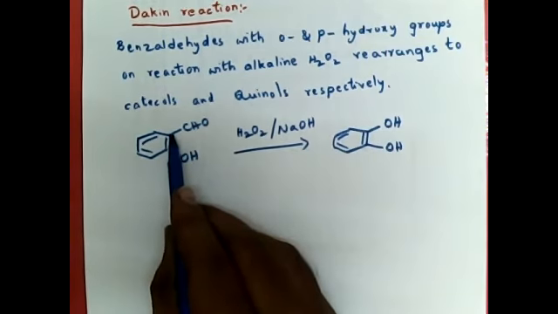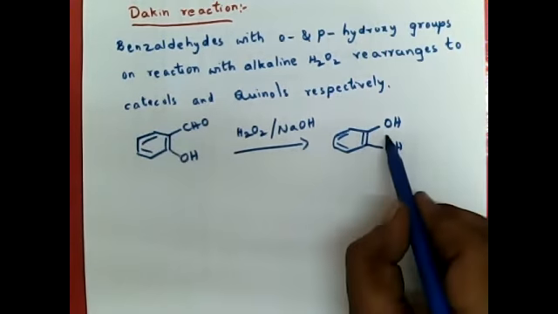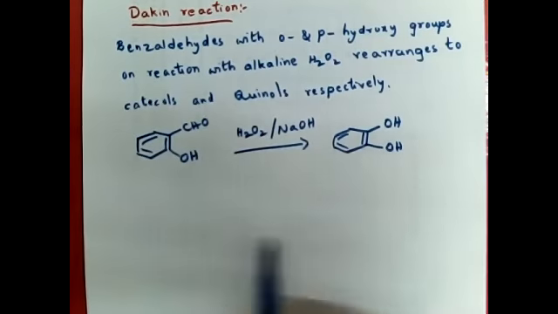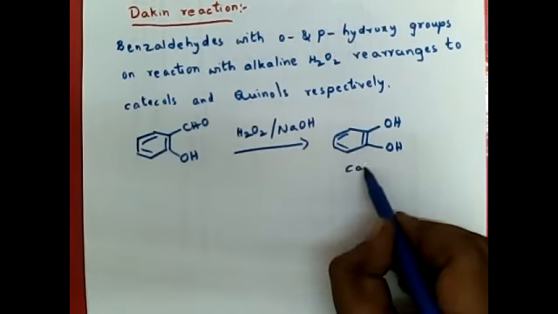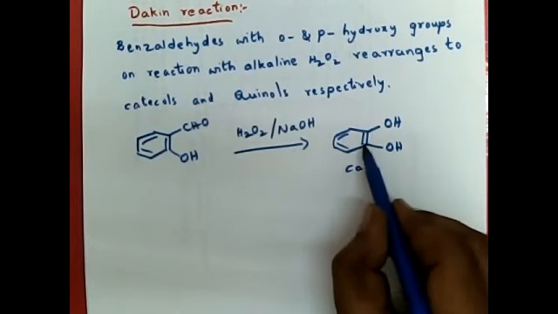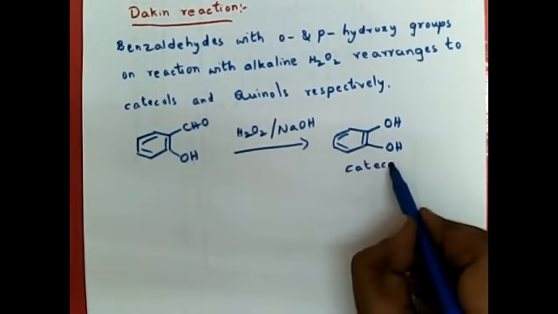So phenyl will undergo migration to generate this OH group. So salicylaldehyde will be converted to catechol. 1,2-Dihydroxybenzenes are called catechols.